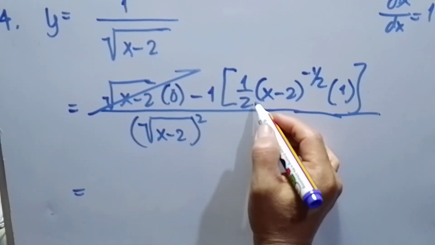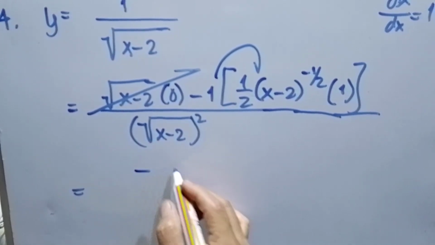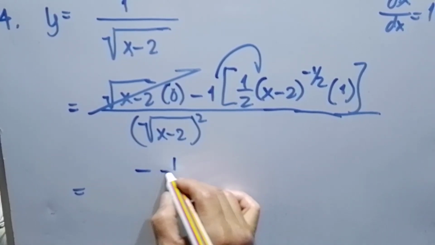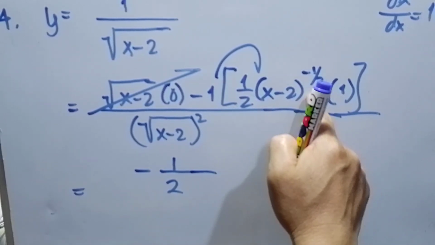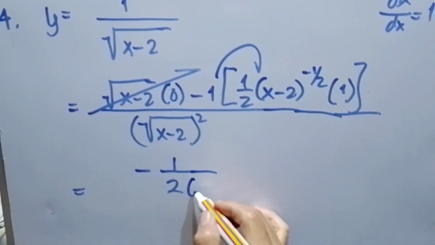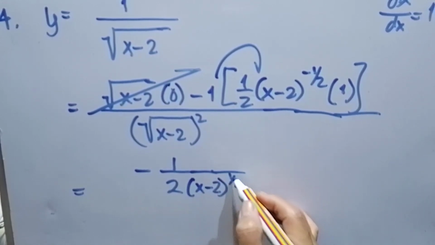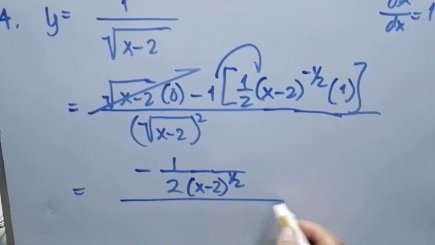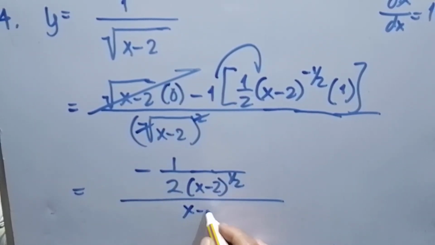So negative. So this will be negative 1 over 2. And then, since this is a negative exponent, this will be x minus 2 raised to half. And then over, take note, the square root will be crossed out, so this will be x minus 2. And then we have to simplify this one over 1.